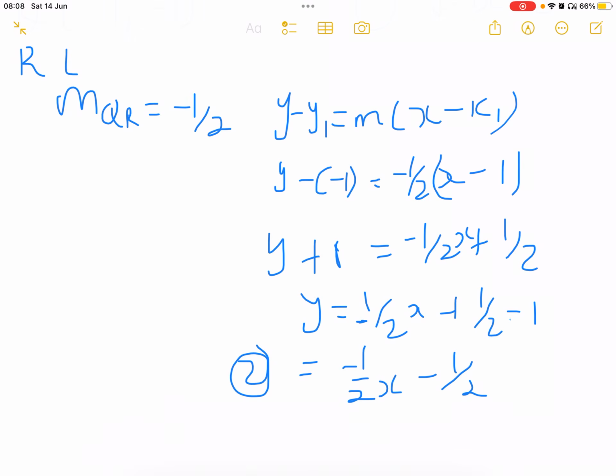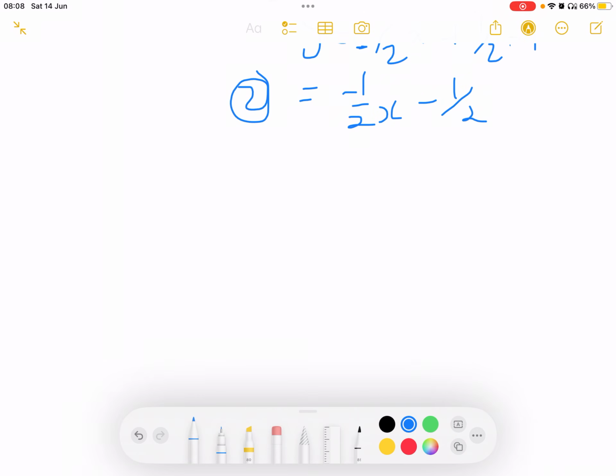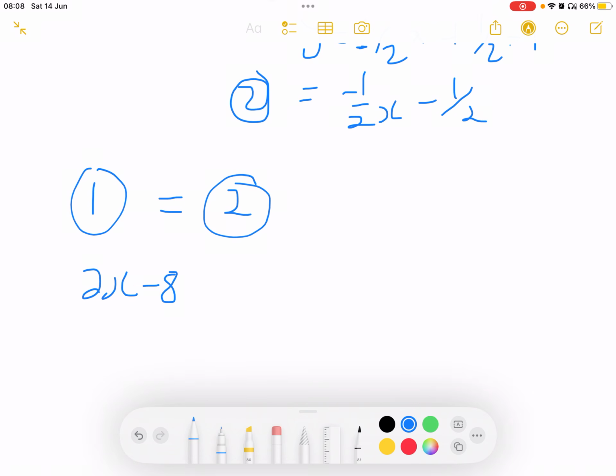Now those two equations intersect at point T. So equation 1 will be equal to equation 2, whereby equation 1 is our 2x minus 8, which is equal to negative half x minus a half.